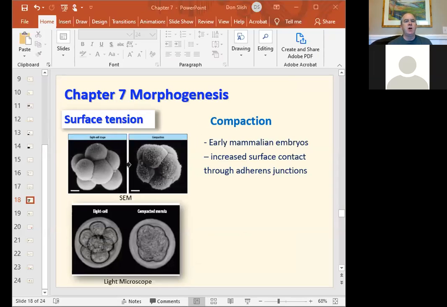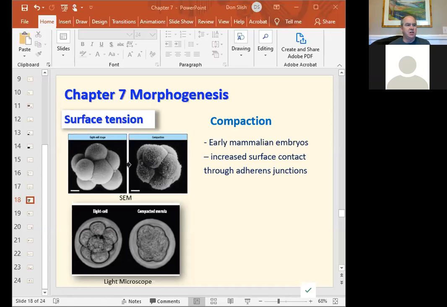But anyway, what's going on here in your 8 cell? If you remember back to chapter 5, we talked about this, the first half of lecture 5. So you've got 8 cells, and they're connected, but not tightly connected. Then they start expressing their adherens junctions, and then they start to compact.